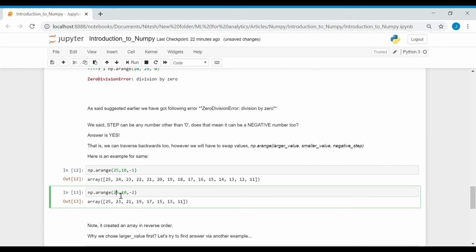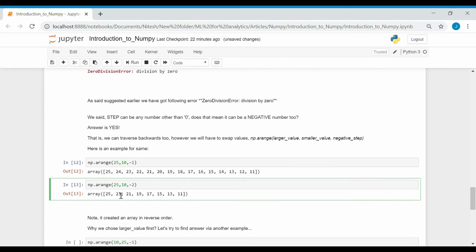Now you would be thinking, what if we provide the standard order, 10, then 25, and then -1 or -2 over here? Do you think we will get any result for that? Because nothing is smaller than 10. So let's test it with our example.